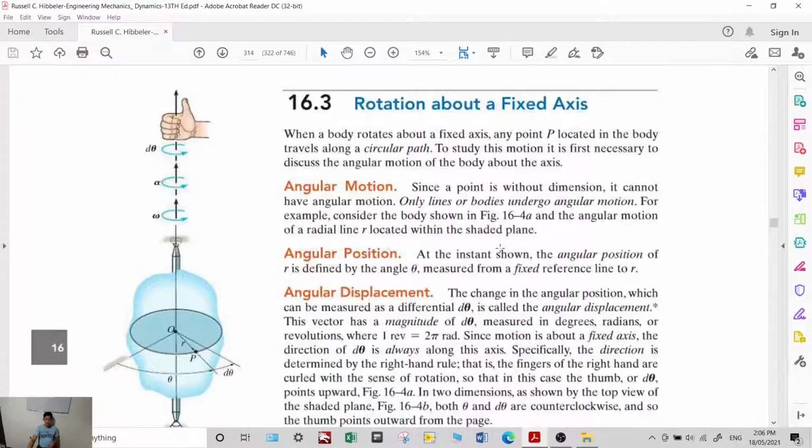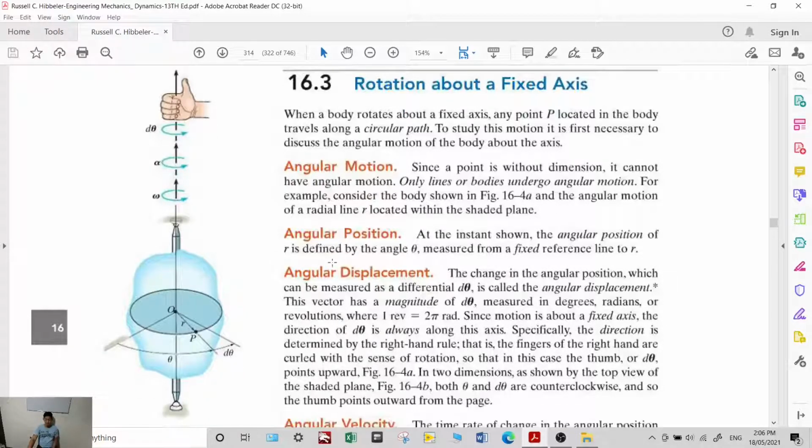Okay, so the angular motion. The position of point P is denoted by this position vector r. No? And the displacement is denoted by this one, d theta.